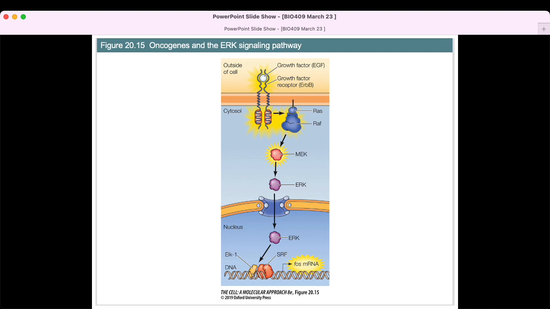So there was no FOS protein bound to the cyclin enhancer, right? In some cases the cell just doesn't have it, but in other cases maybe it has FOS but not JUN, because it needs both.